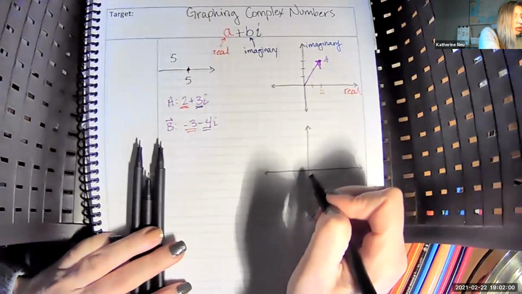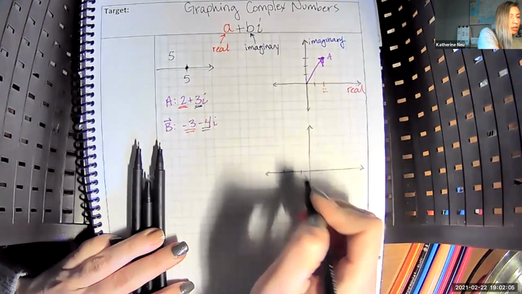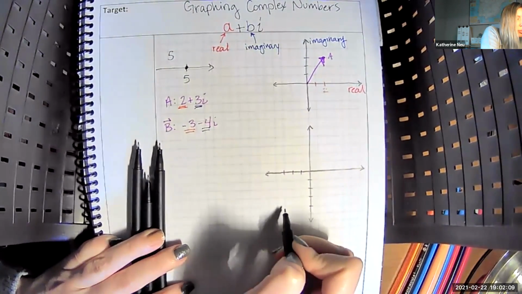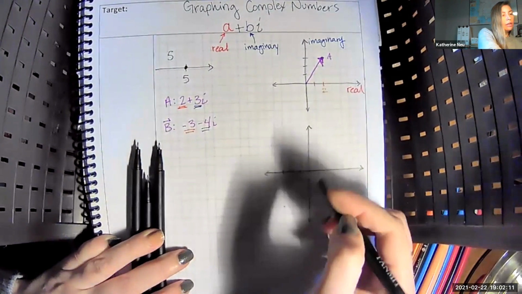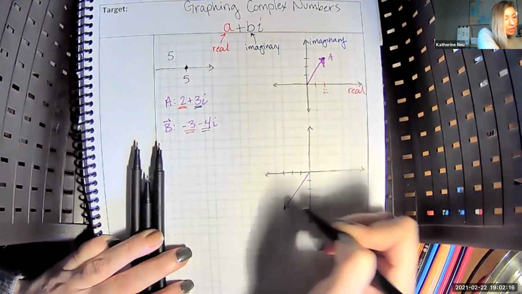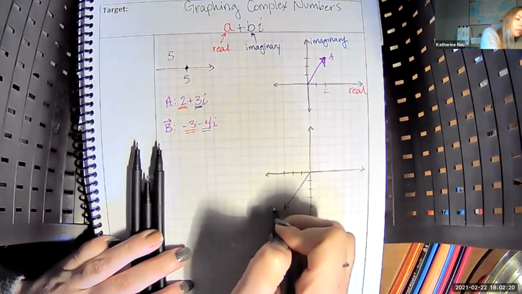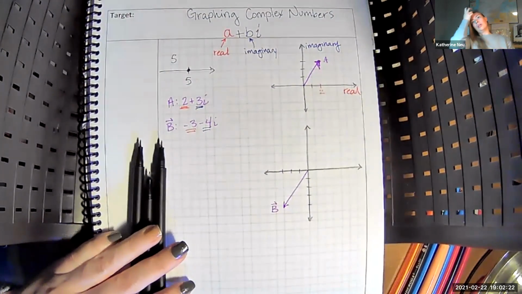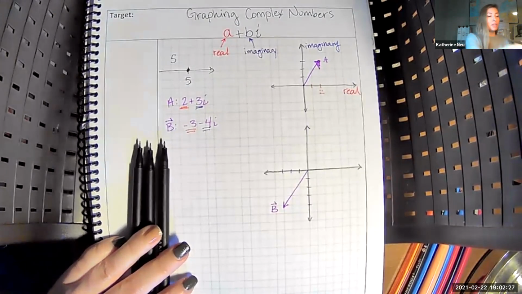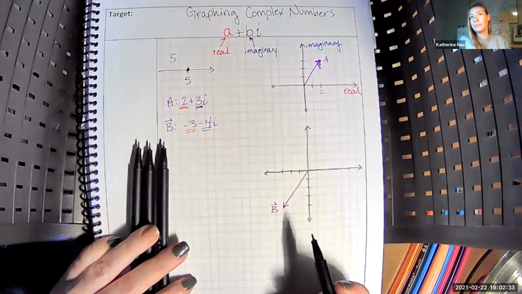I'm going to go here, -1, 2, 3. I'm going to go down, -1, 2, 3, 4. And I'm going to make that point there. That is where my vector is going. And this has now become vector B, and it has magnitude and direction.